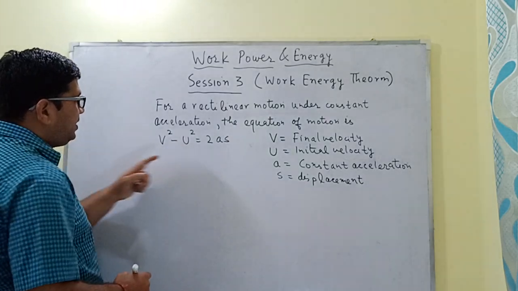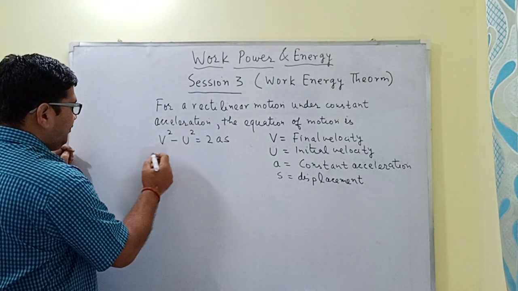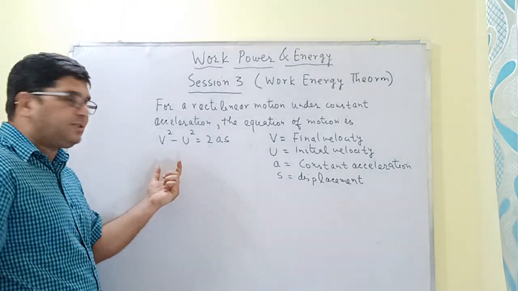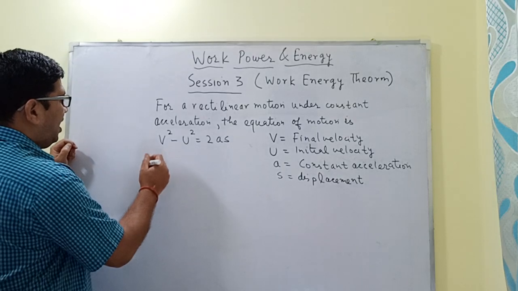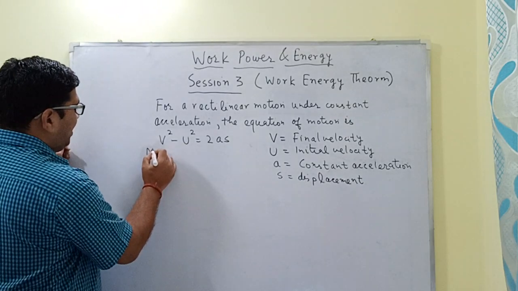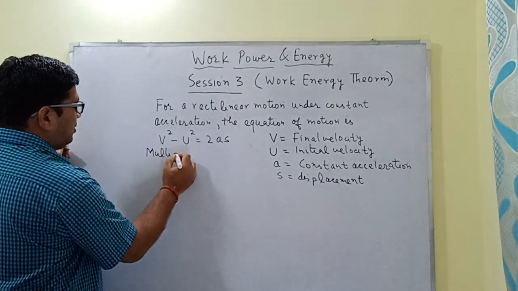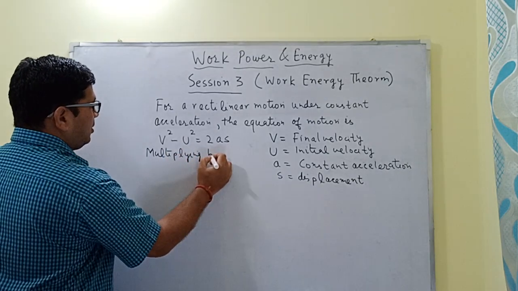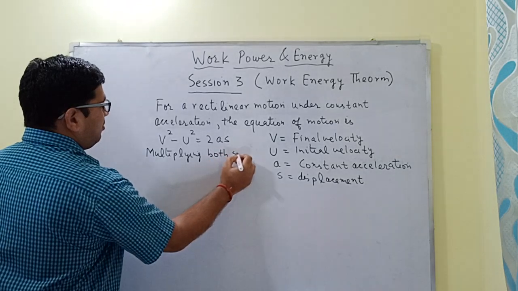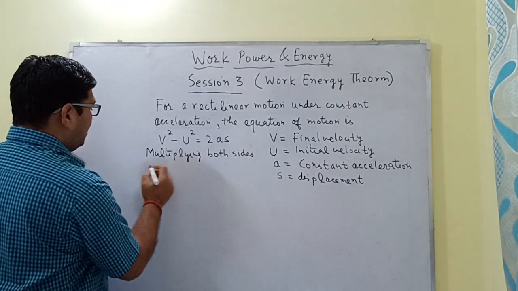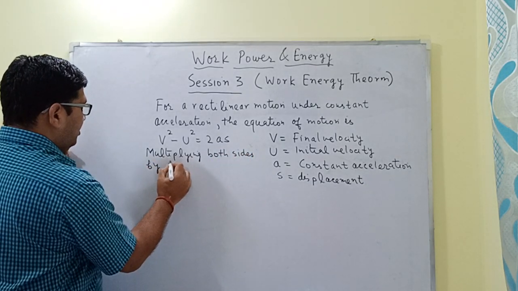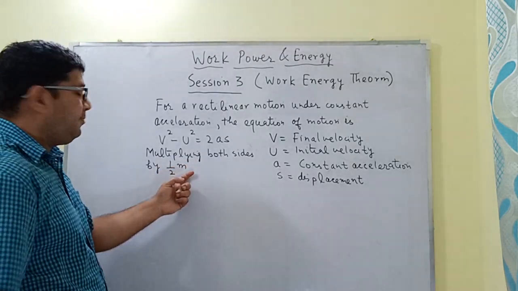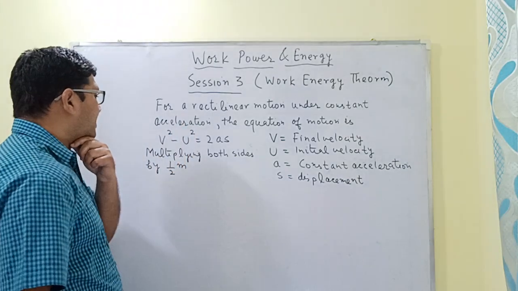So v square minus u square is equal to 2as. So what I am now doing is I am just multiplying both the sides of this equation by half m, that is, multiplying both sides of the equation by 1 by 2m, where m is the mass of that object.